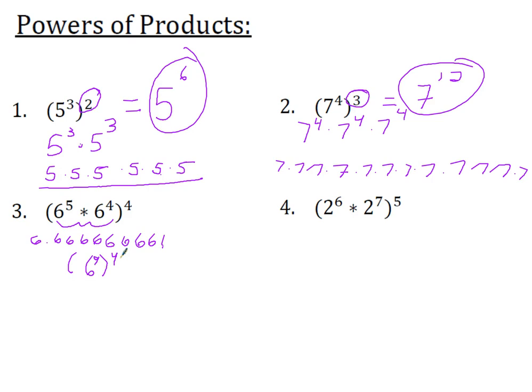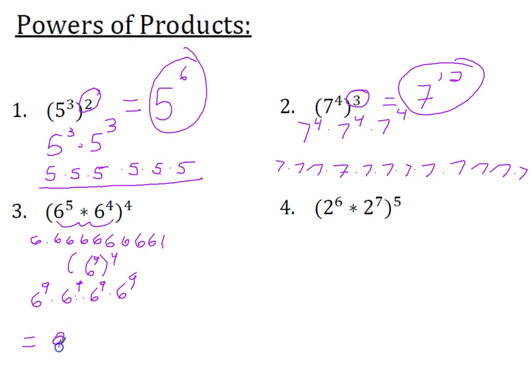And now I can expand this to be 6 to the 9th times 6 to the 9th times 6 to the 9th times 6 to the 9th. So my final answer, if we think here, I have 9 6s here and 9 6s, so that's 18 total 6s, plus 9 more is 27, plus 9 more is 36, right?